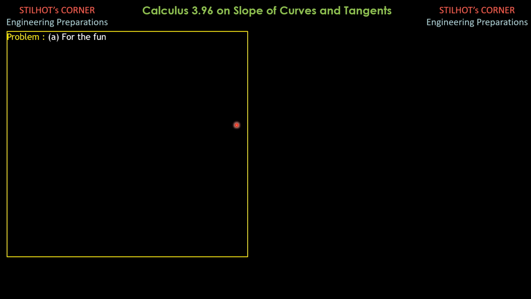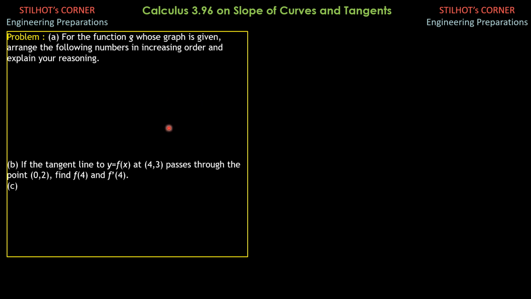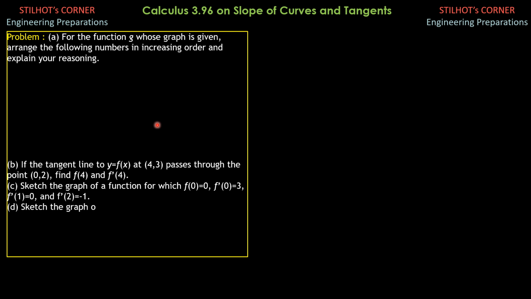So the first problem in part A, for the function g, whose graph is given, arrange the following numbers in increasing order and explain your reasoning. So the graph is here, and let's estimate the slope for the function value from the given curve.